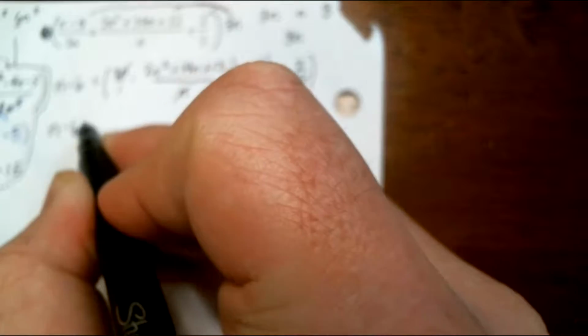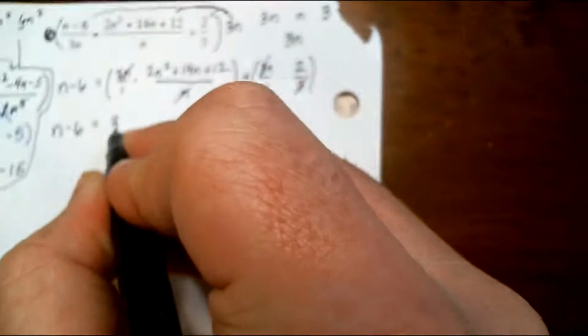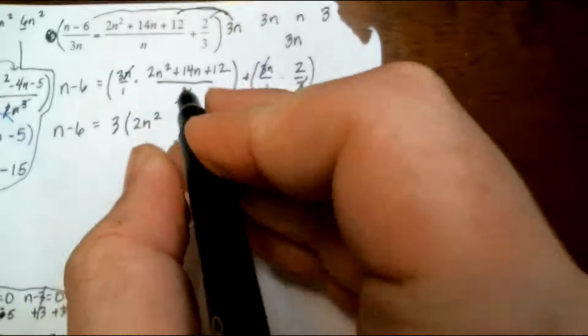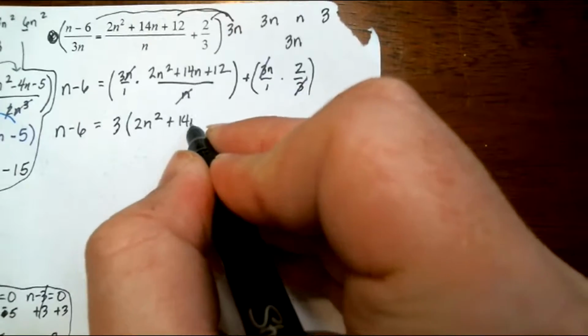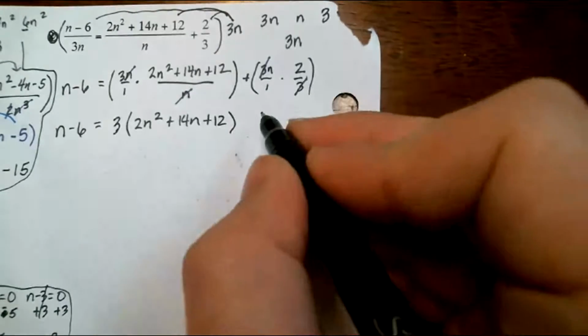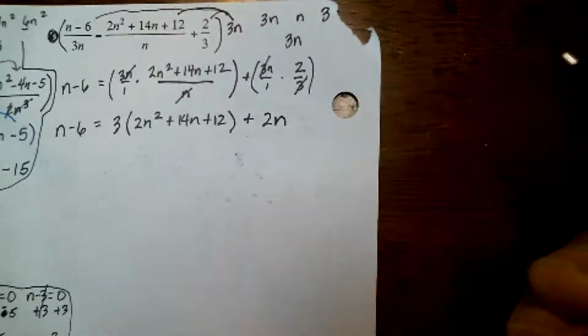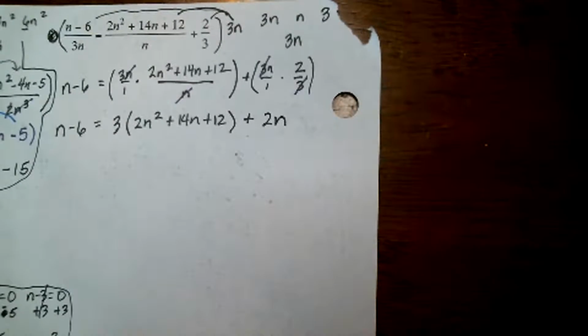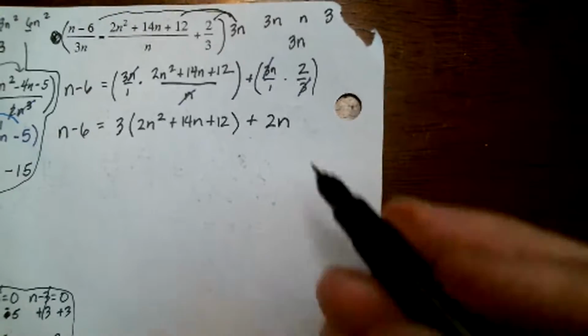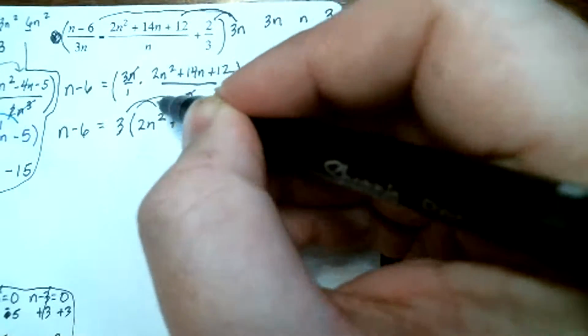N minus 6 is equal to 3 times, it's times the whole thing, 2n squared plus 14n plus 12. And then plus n times 2 is 2n. Now let's distribute the 3 into everything.